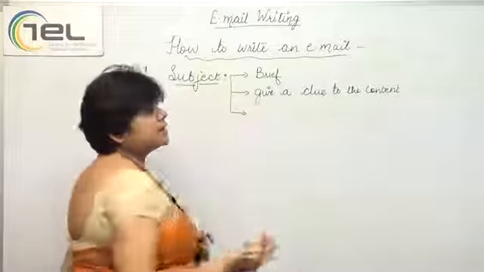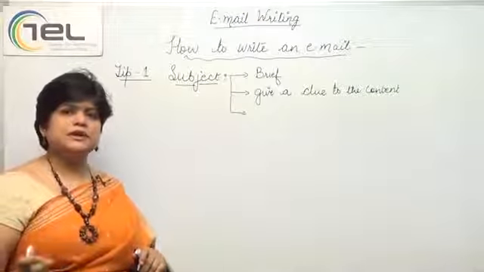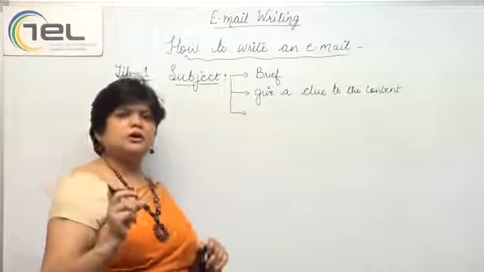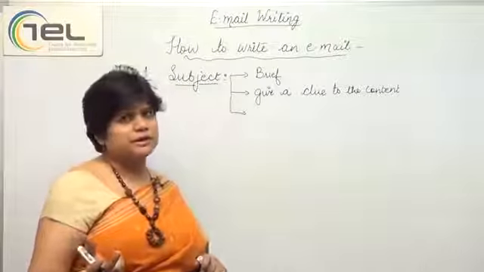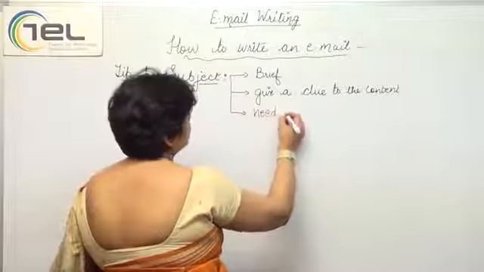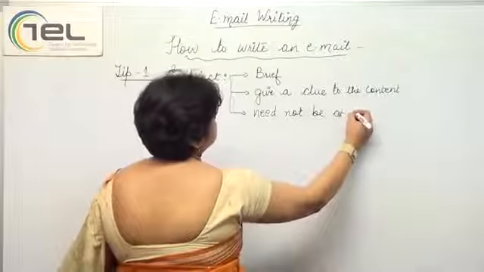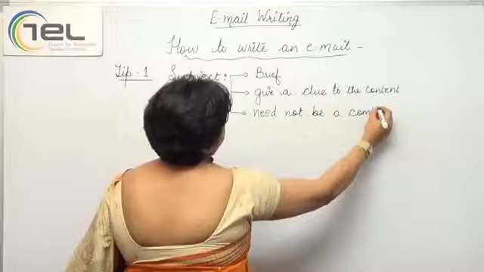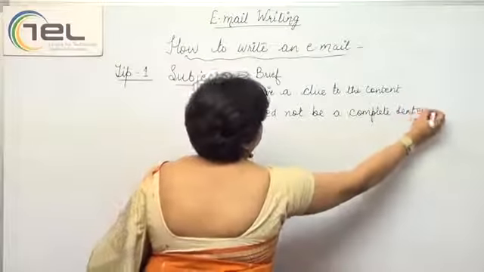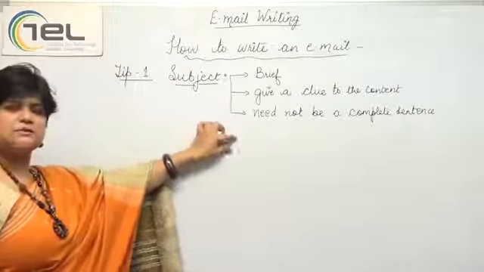Third, it might not require a complete sentence. It's not compulsory to write a complete sentence. If you want to make it very brief, it does not matter if you do not write a complete sentence. Right? So these 3 things should be kept in mind while writing the subject.